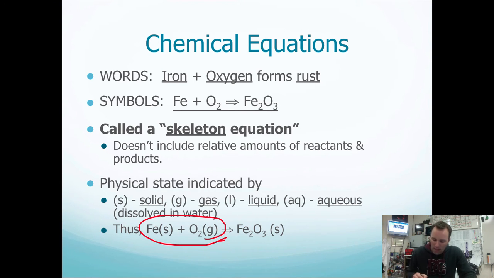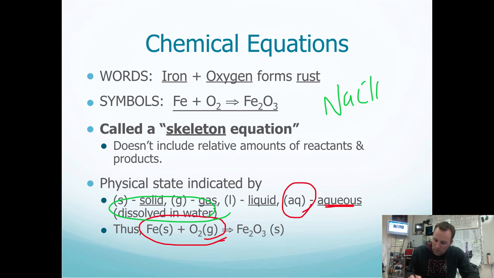If you see AQ right here, that stands for aqueous, and it means dissolved in water. So if you have salt water, you would write NaCl (aq). That would be sodium chloride in water, so that's salt water, sodium chloride aqueous.